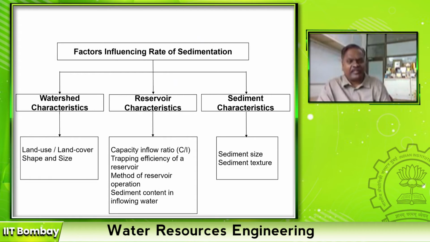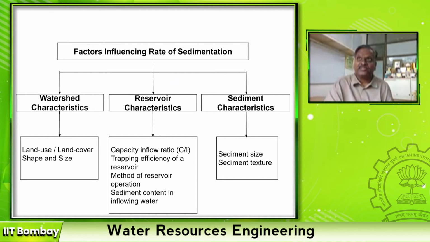Watershed characteristics. What are the watershed characteristics? Not the physiographic features, it is the land use and land cover. If it is covered with high density forest, then the impact of rain on the soil is very less, so it is very less eroded. If it is barren land, there will be more erosion.